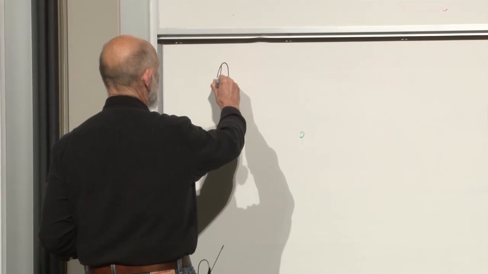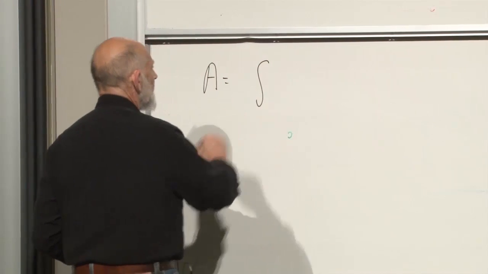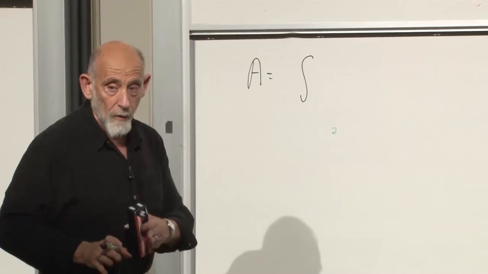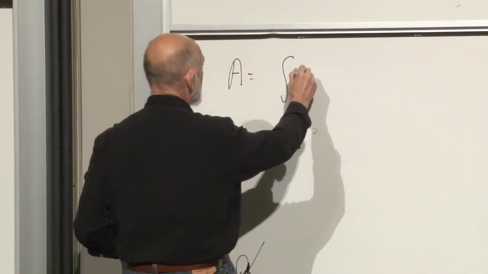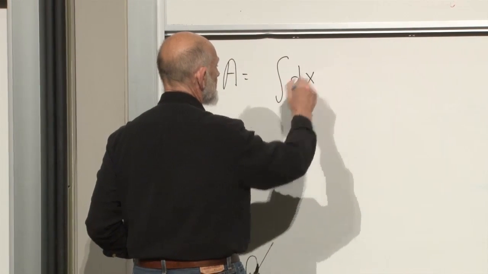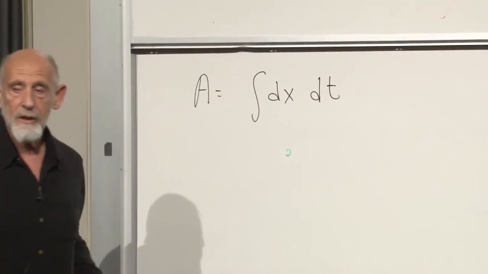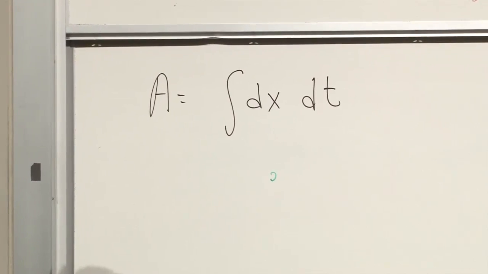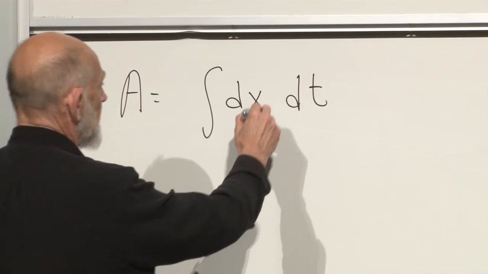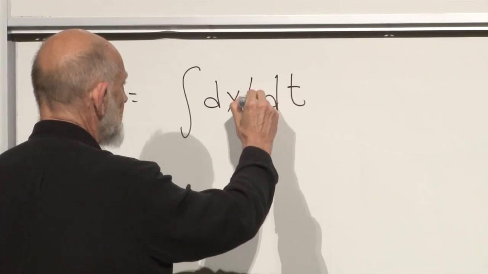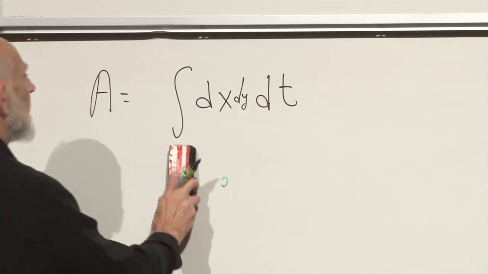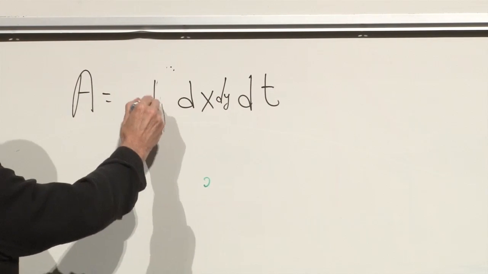So the action is an integral, but it's an integral not only over time, but of space and time. dx dt. How many dx's? However many coordinates of space there are. So we can write this as dx, let's say dy dz. I don't have enough room here. dx dy dz.